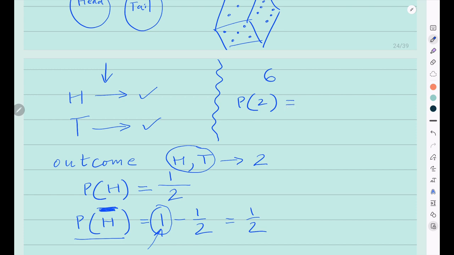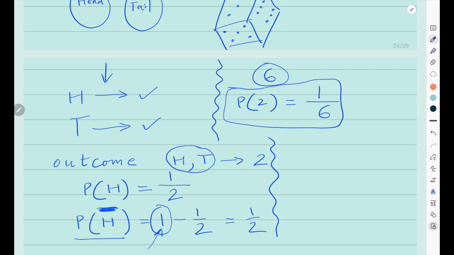We need to define what we are going to do. So we are throwing a dice, and the probability of getting 2: this 2 is just 1 out of these 6. All the possible outcomes are 6, and 2 is one of them. So the probability of getting 2 is 1 by 6.